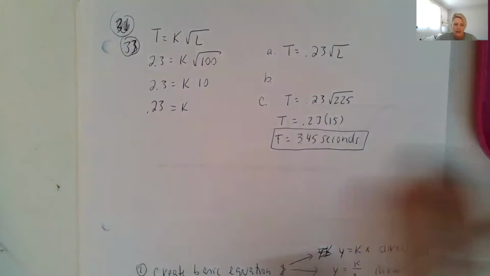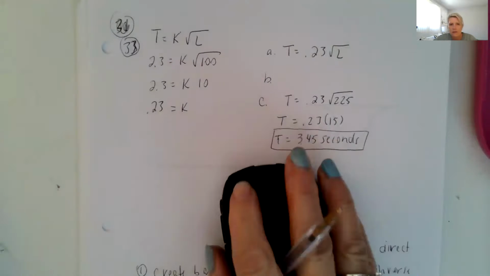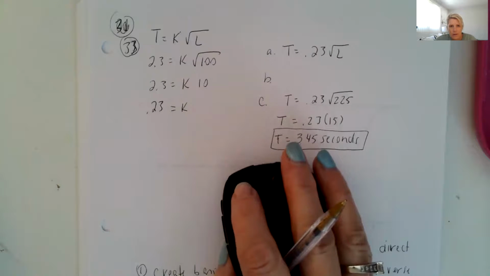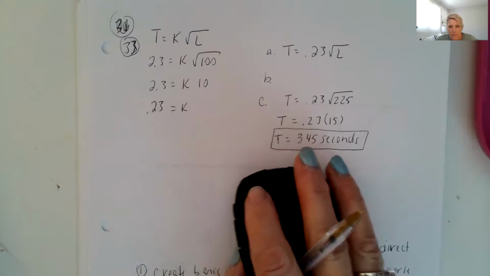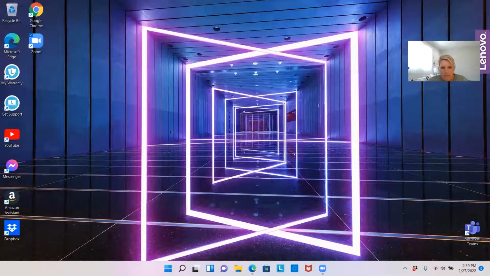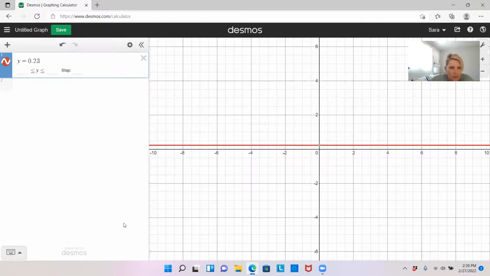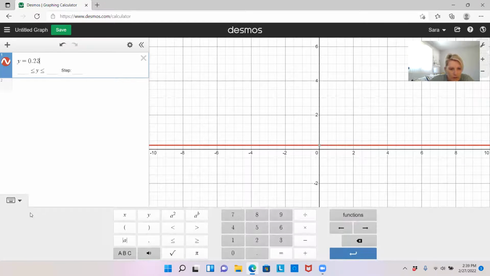And we could look at this one graphed. Instead of T, we're going to use y equals 0.23, and then we have to get our square root in the menu here.